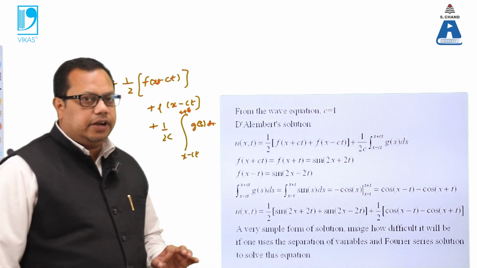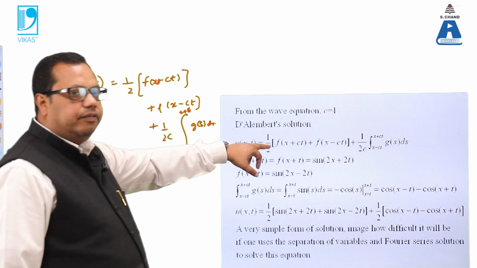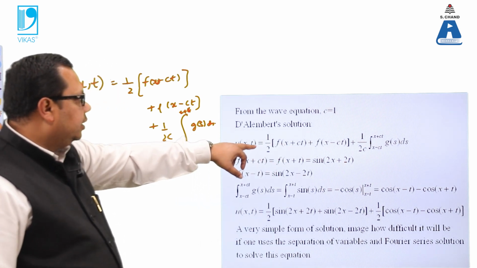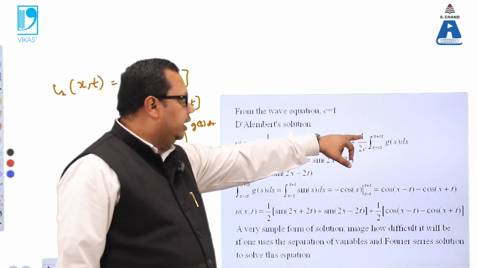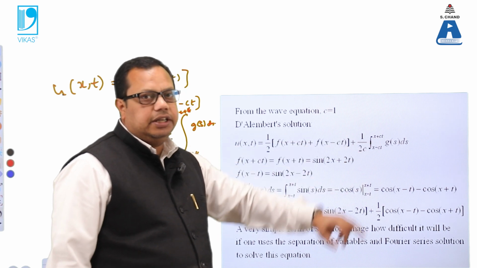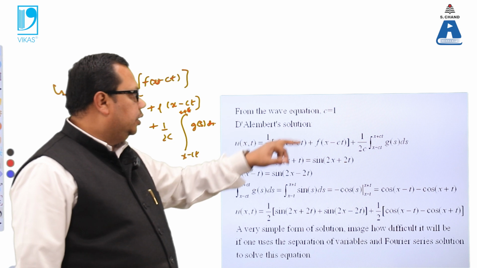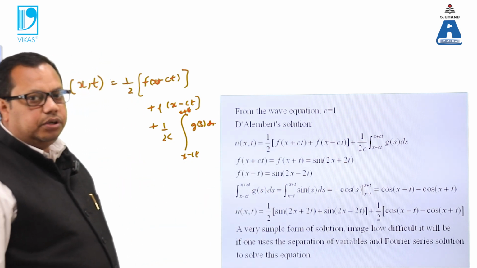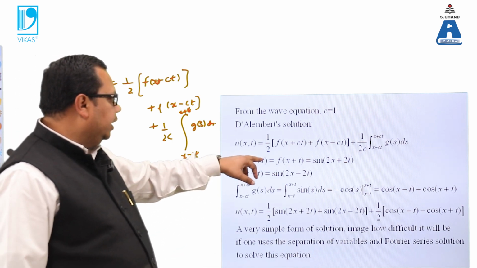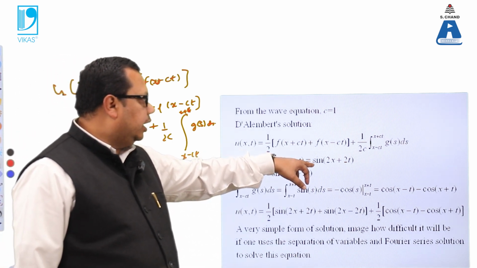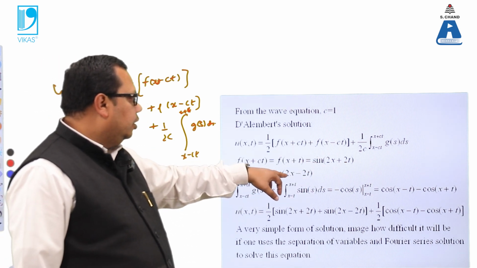Then we form the equation u(x, t) is equal to 1/2 of f(x plus ct) plus f(x minus ct), plus 1/(2c) times the integral of g(s) ds from x minus ct to x plus ct. First we form this equation, and then we put the variables in it to solve. So f(x plus t) is sin(2x plus 2t), and f(x minus t) is sin(2x minus 2t).